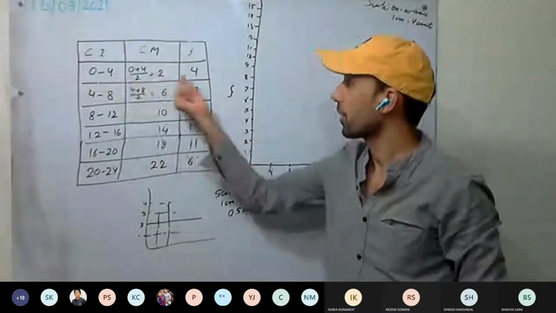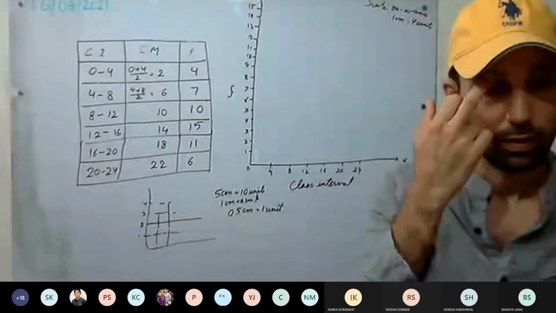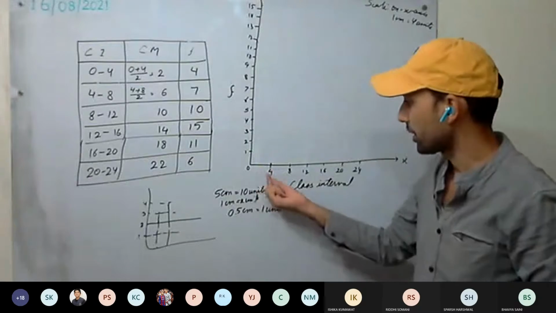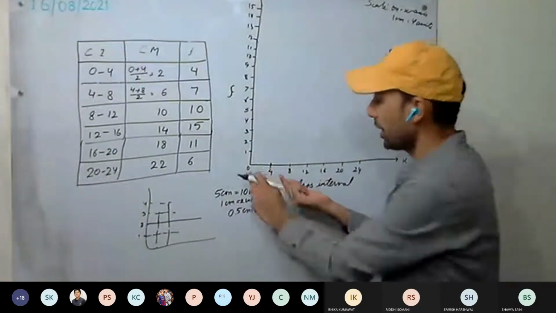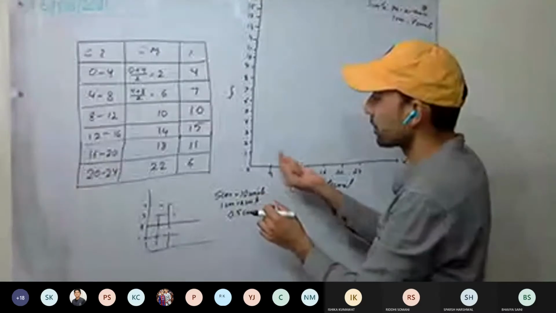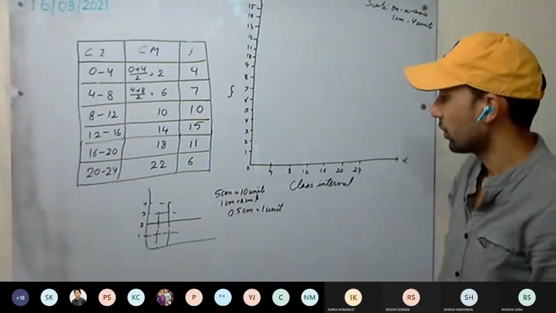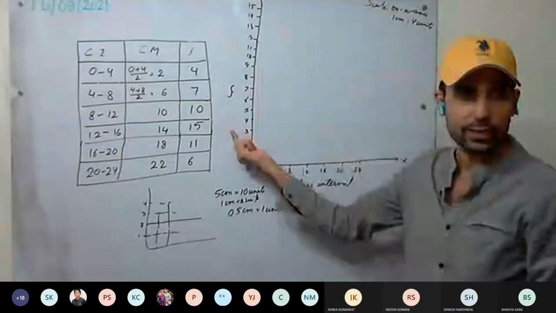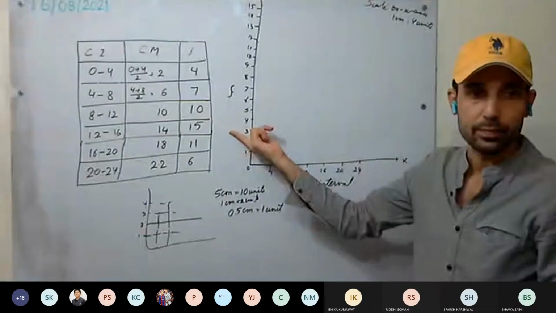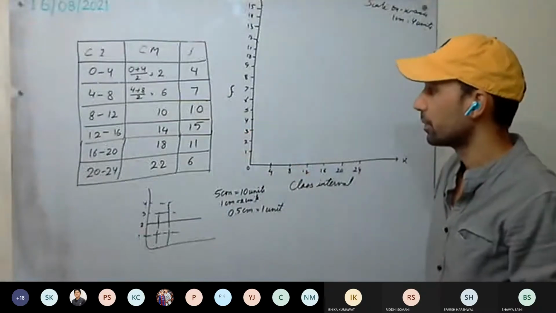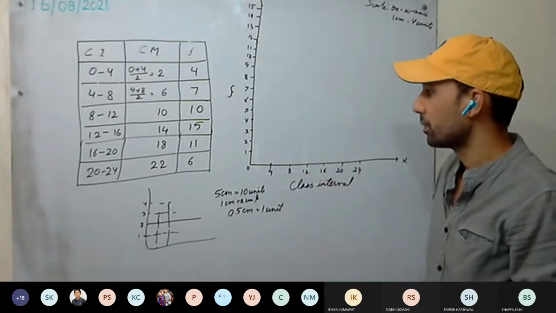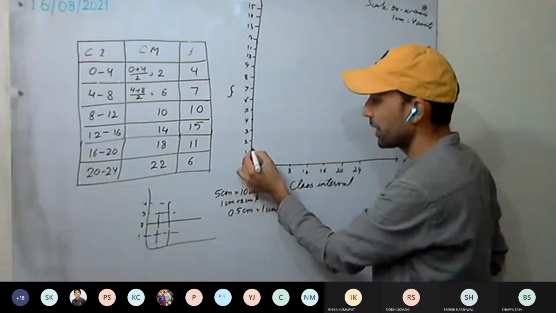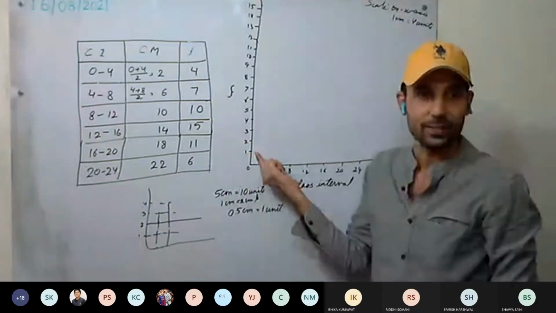Can we write from 0 to 4 on the y-axis? Those are class intervals here, mark. You have to provide a kink, but mainly we never do that.